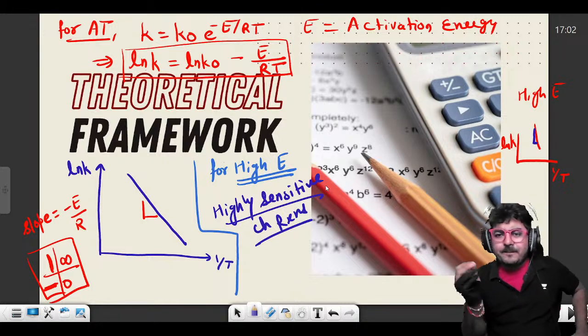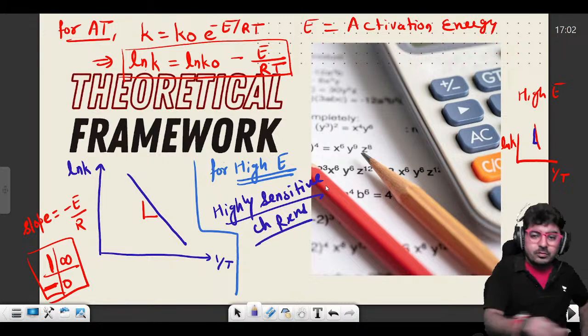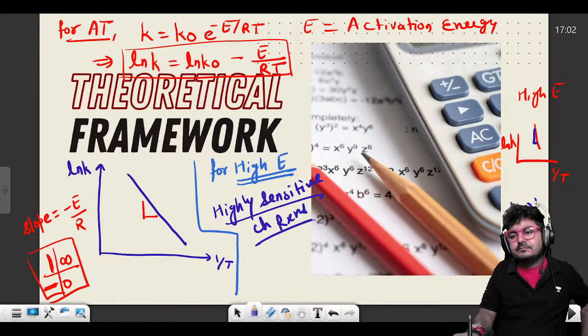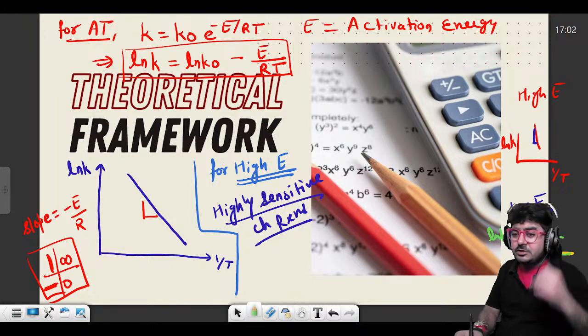And on the same logic, if activation energy is very low, you can understand a graph between ln k versus 1 upon T will be quite horizontal.